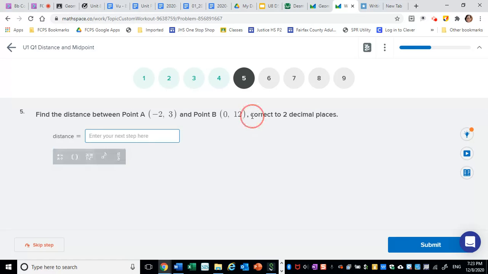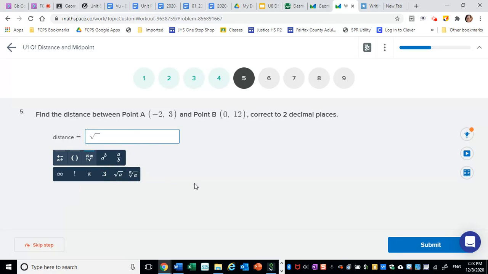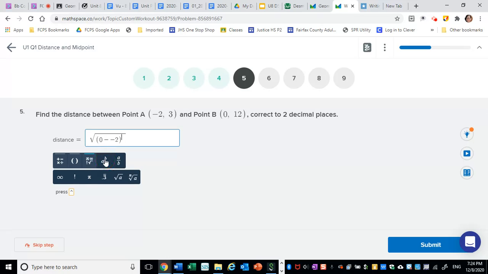Same way you find the distance between point A to point B, but this time they ask you to correct to 2 decimal places, okay? So you are going to put this in the decimal, but the formula would say square root of what? X1 minus X2 squared, right? So you got 0, but it's in parentheses, right? 0 minus what? Minus negative 2, and then square, right? And then plus what?